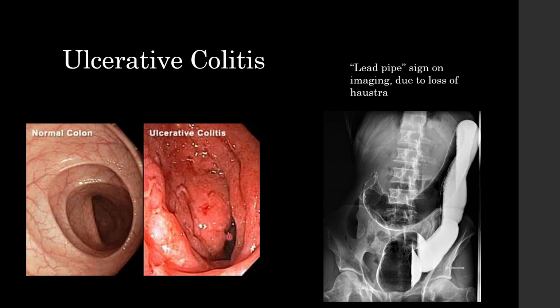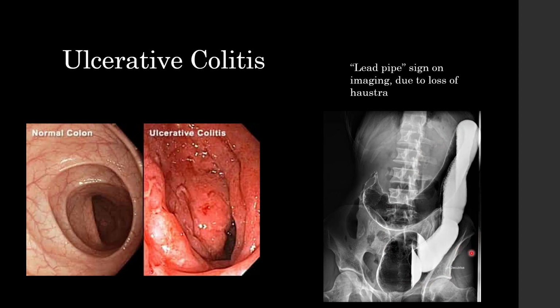It's almost to the point where you're not really seeing through the colon itself. This is from a colonoscopy. Also, because you are losing these haustra, those contractions of the colon that give you the characteristic large colon pouches, you're going to have the lead pipe sign on imaging.